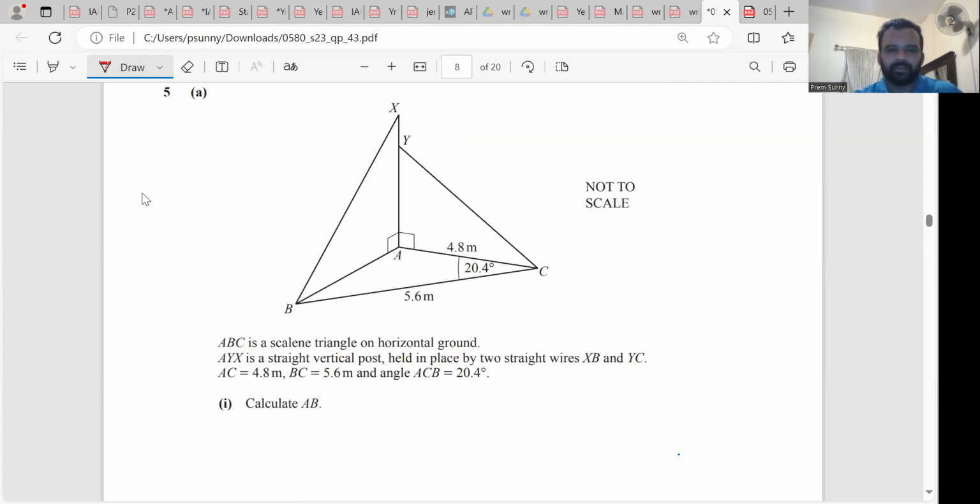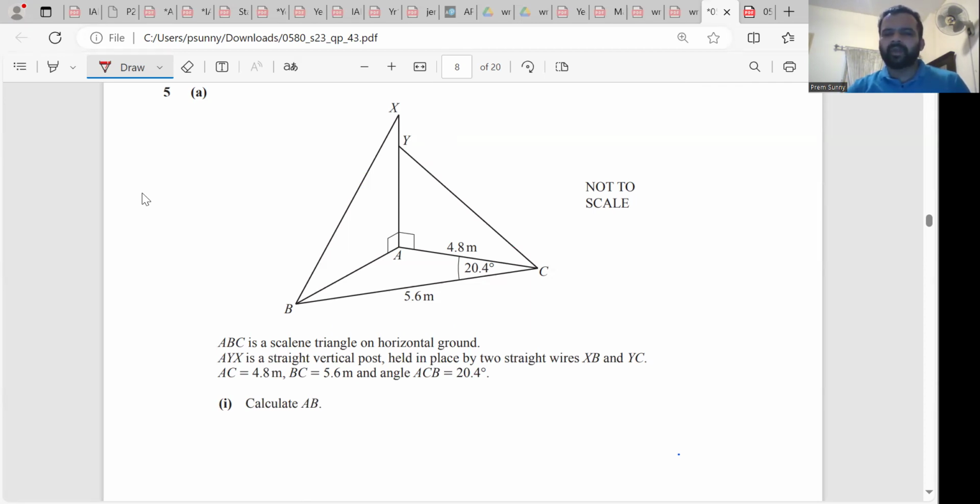AYX is a straight vertical post held in place by two straight wires, XB and YC. AC is given as 4.8, BC is given as 5.6, and angle ACB is equal to 20.4. Calculate AB. In the first case, we need to find out this AB.